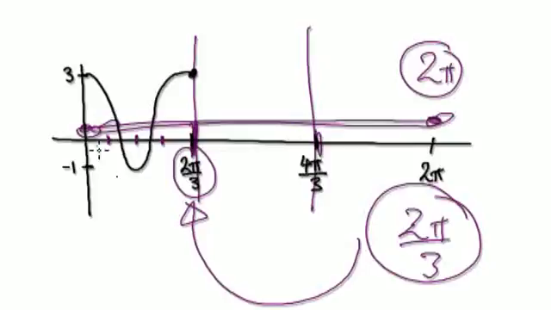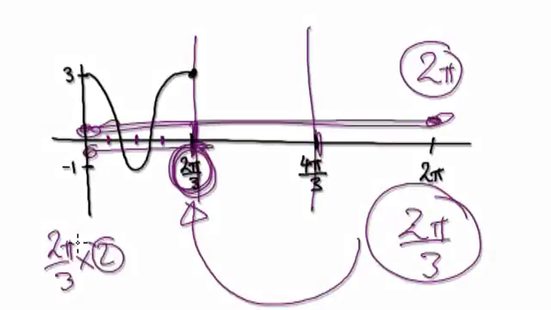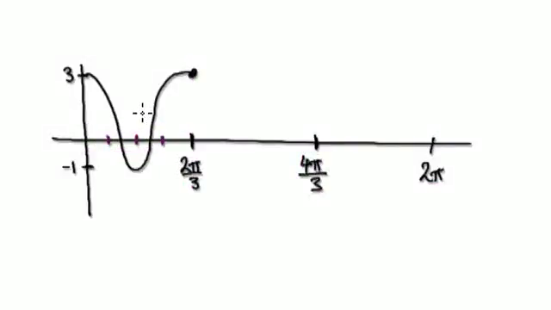For this bit here, it will be this length times 2, so 2 pi over 3 times 2, which will be 4 pi over 3. And this point here is halfway from here to here. If you want to know this point, get this length and divide it by 2, so it gets multiplied to the bottom.